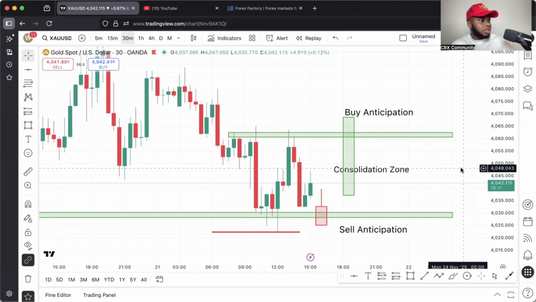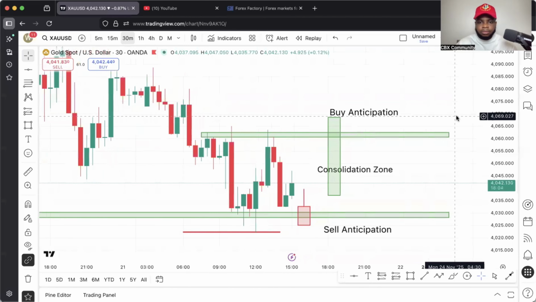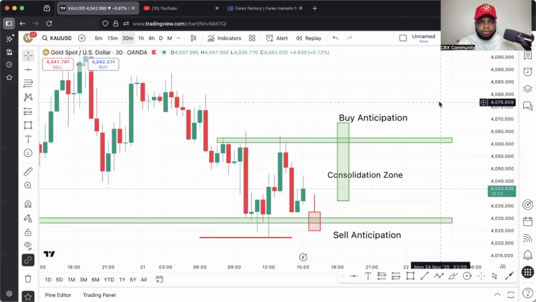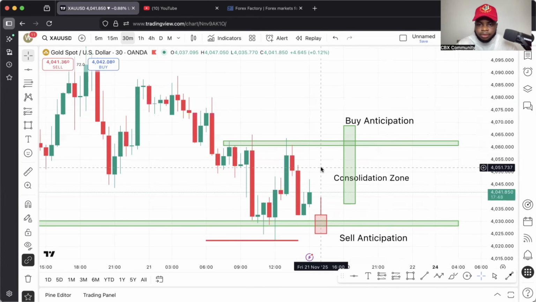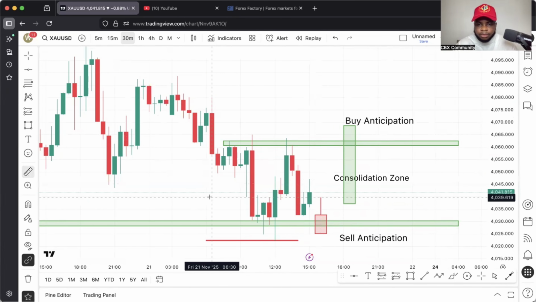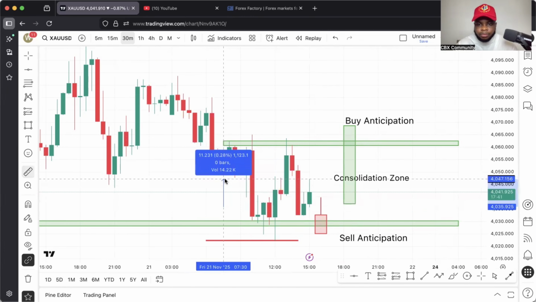Don't go too hard today. The candle has moved 112 pips.